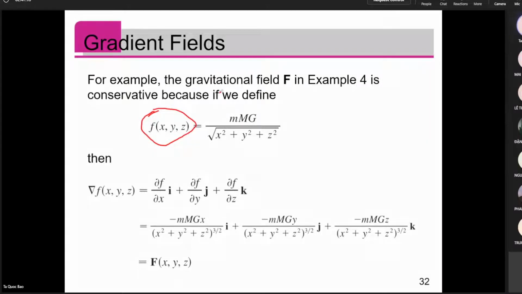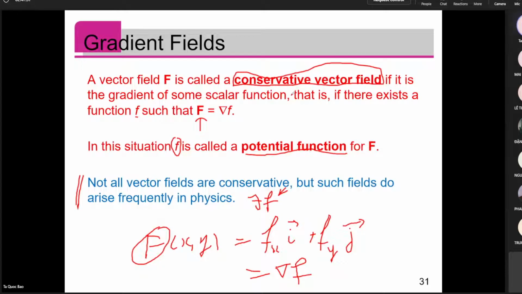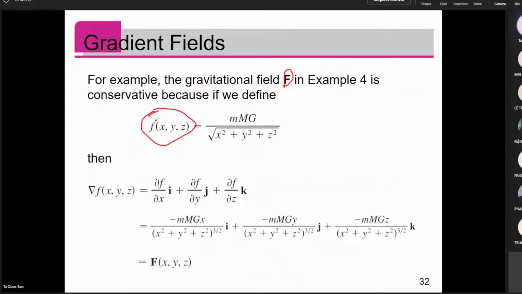Then the gravitational field F can be represented like this exactly. Then we say that in this case we have a gravitational field F. This is a conservative vector field, and the function small f is the potential function for the gravitational field F. Okay, so now, understand?